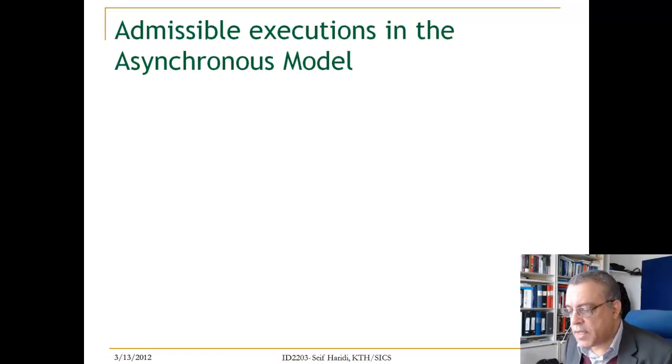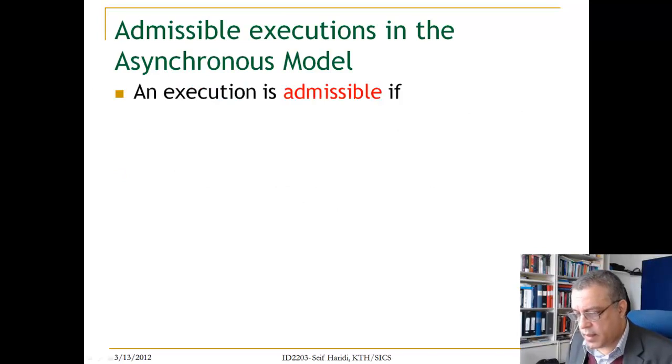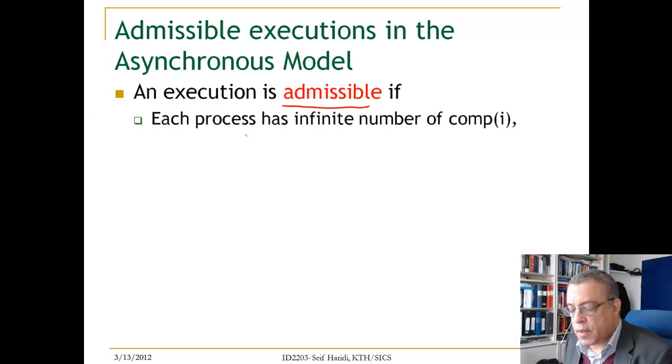So what is an admissible execution in the asynchronous model? An execution is valid, or we call it admissible, if each process has an infinite number of computation steps. We can always perform a computation step on a process, because a computation step can also be dummy. It can ignore incoming messages, just perform dummy local computation, and it might not produce any output messages.